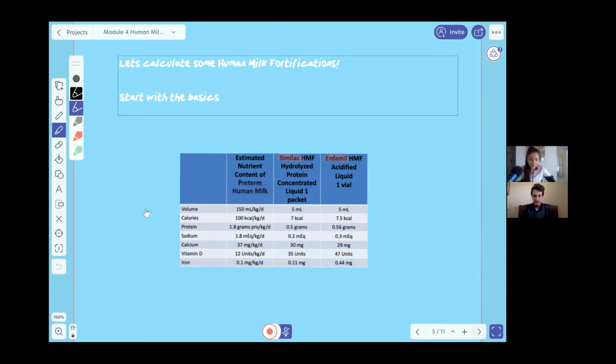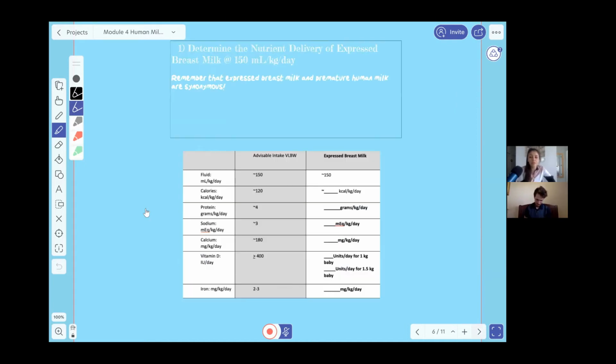Let's move on. Okay, so we have our first question. Determine the nutrient delivery of expressed breast milk at 150 milliliters per kilogram per day. Again, remember right here we have expressed breast milk. This is the same as our preterm human milk that we had in our last chart. So don't let it trick you.